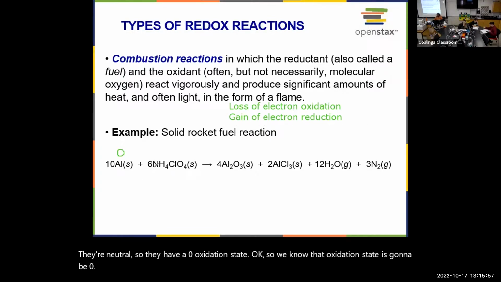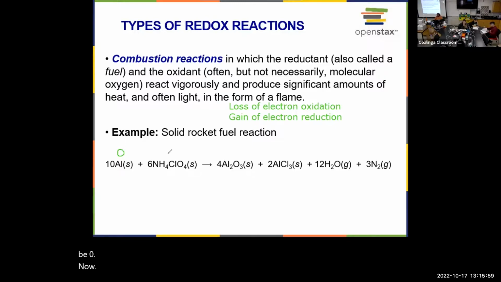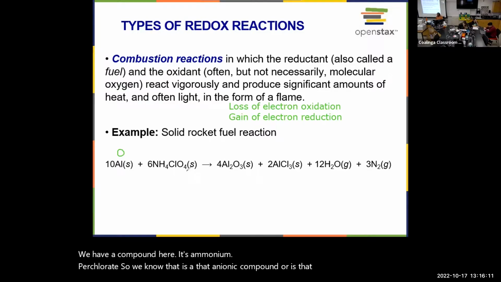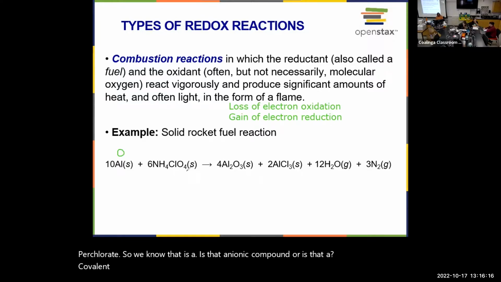Okay, now we have a compound here. It's ammonium perchlorate. So we know that that is an ionic compound, or is that a covalent compound? It is an ionic compound. Okay, so perchlorate.